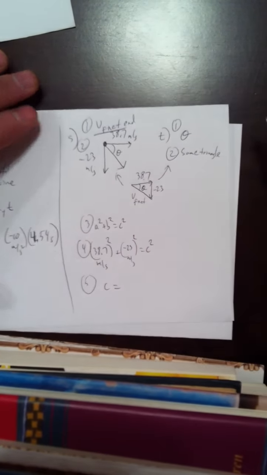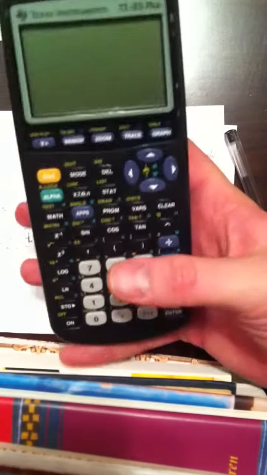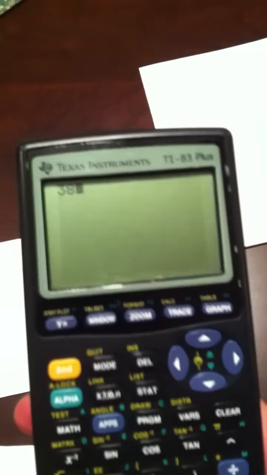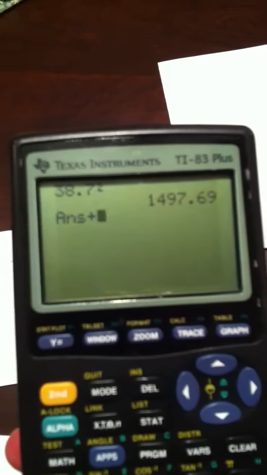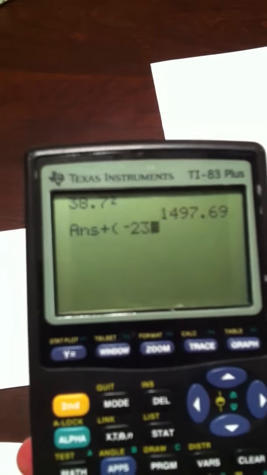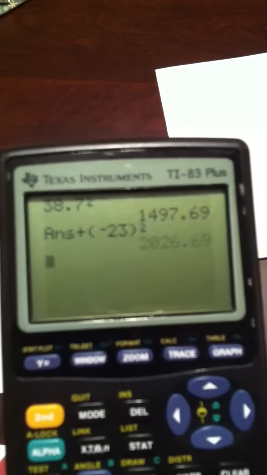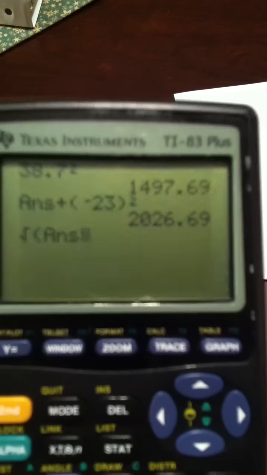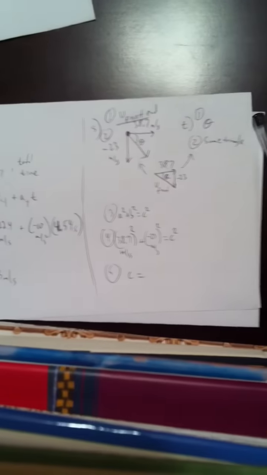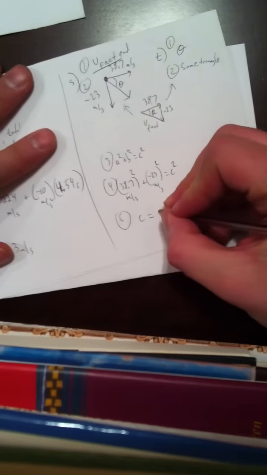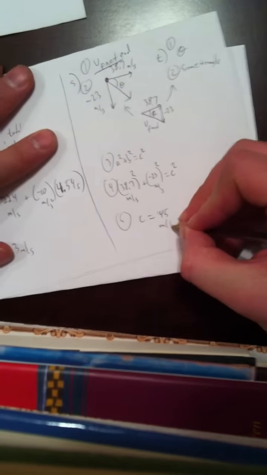C comes out to be, let's take a look, 38.7 squared plus negative 23 squared, the square root of that, gives an answer of 45. So this answer comes out to be 45 meters per second.